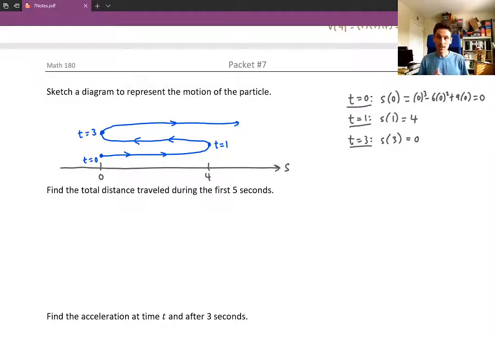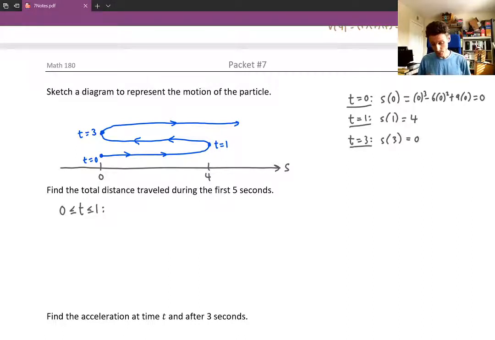Now the next question asks, find the total distance traveled during the first 5 seconds. And here we're going to make use of those t values where the particle turned around. So we're going to look at, for example, the interval from t equals 0 to t equals 1. We're going to look at that distance that was traveled.